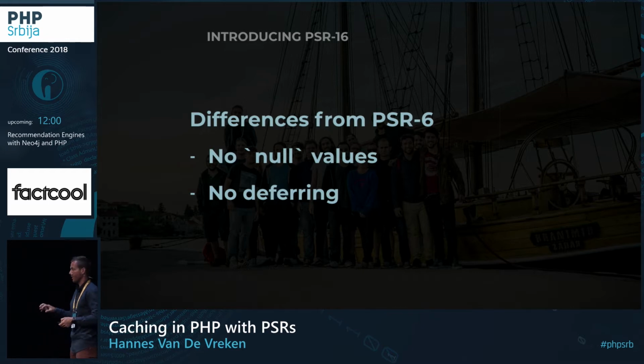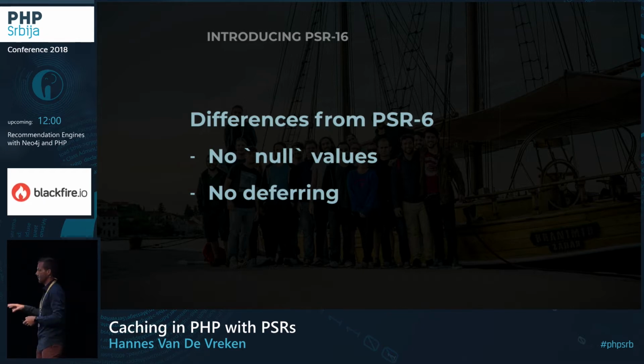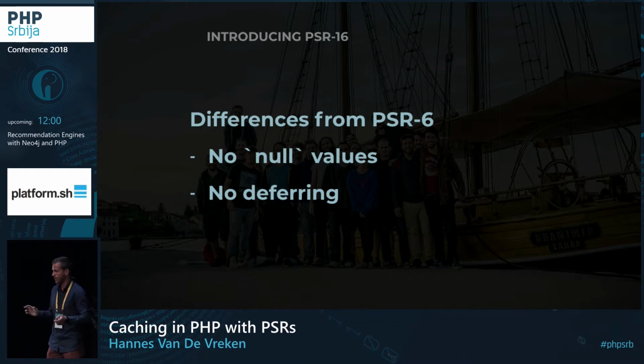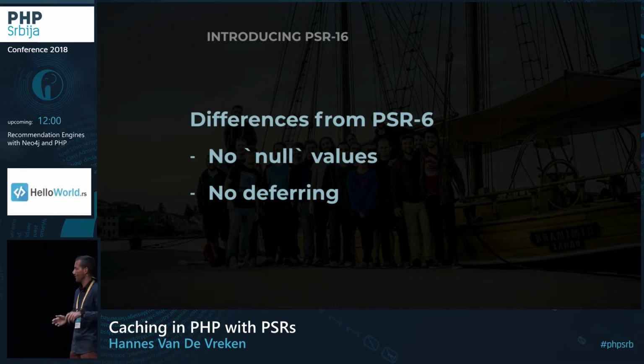You can only set multiple, and then it will do whatever it needs to. There's no saying, I want to save something deferred, and the cache item pool has no way to find the optimal strategy to batch stuff to the backend.